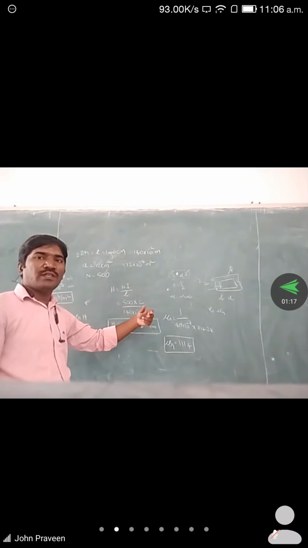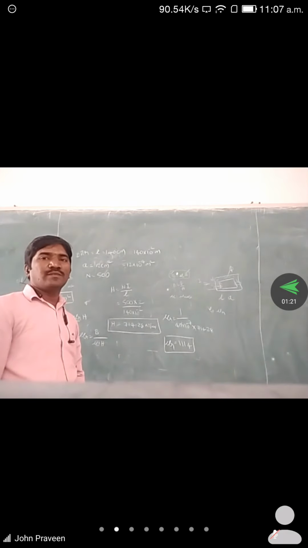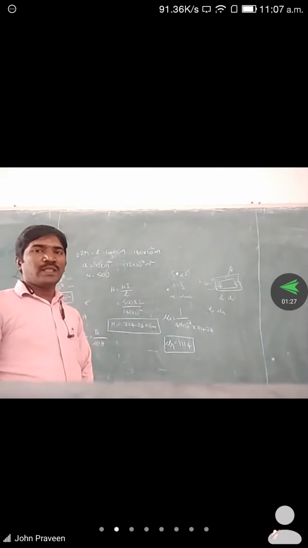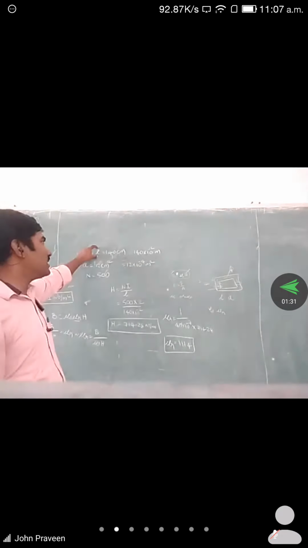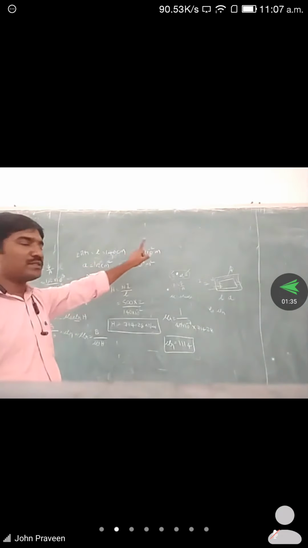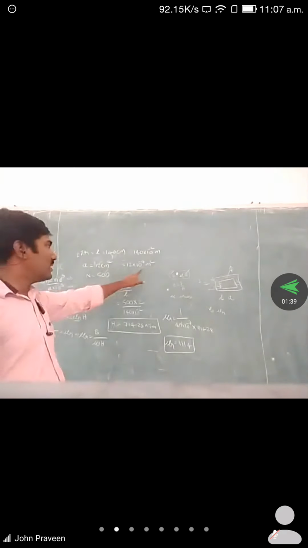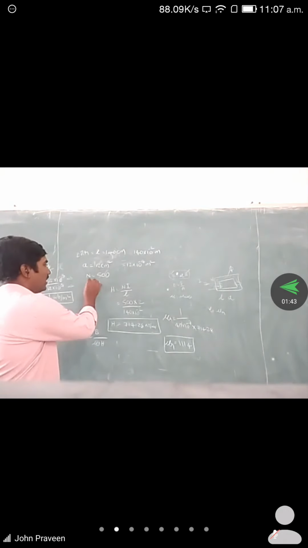If it is given as a diameter, then we convert it into length. How can we convert? Which formula can we use? Those things will be discussed when we go through that type of problem. Here, directly L is given as 140 centimeters, so we convert into meters. Next, area is given in centimeters, and we convert into meters. We write N as usual, and I value is given as 2 amperes.